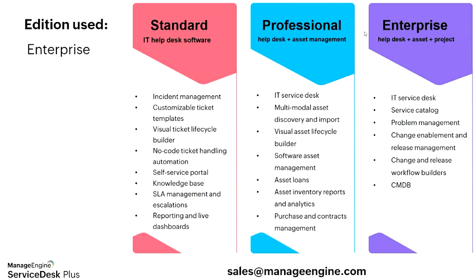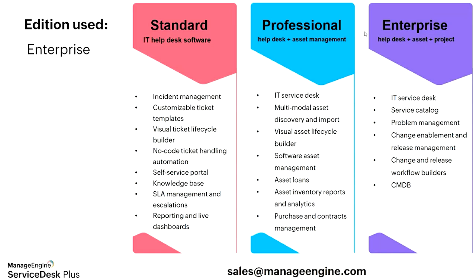Finally, the Enterprise Edition is the most advanced, combining help desk, asset management, and project management. It includes all the features from the Professional Edition, plus service catalog, problem, change, and release management and its workflow builder, and an inbuilt CMDB module, that is configuration management database, to better manage your IT infrastructure.